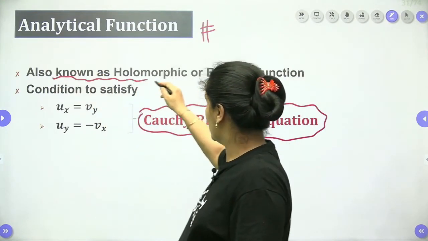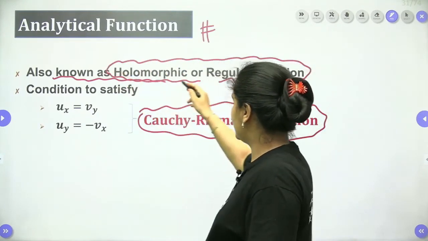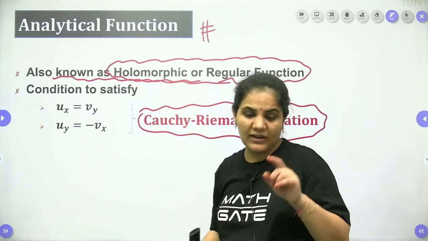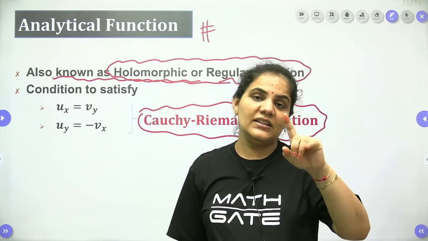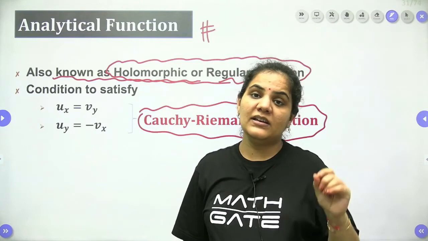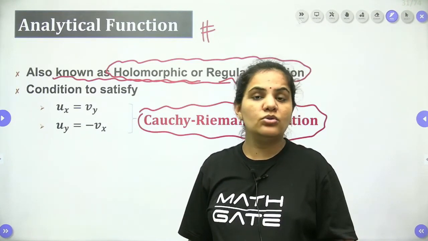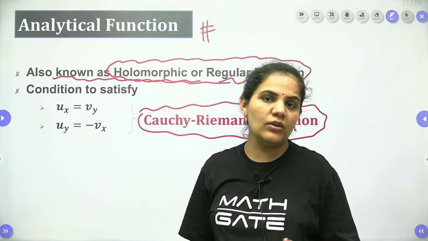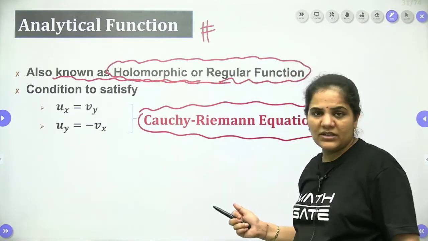It's also called a holomorphic or regular function. Sometimes the question has been asked just in the form of holomorphic or regular. In GATE 2021 it was written in the examination paper: find the solution of the given holomorphic function. So you should know exactly what a holomorphic function is. Holomorphic is nothing but just an analytical function only, right?